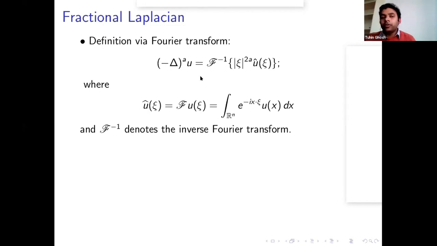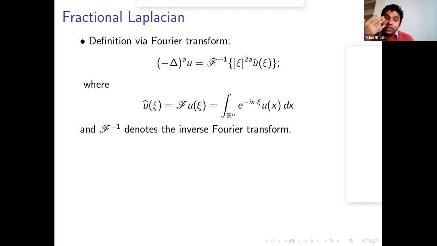If you want to define some operator to the power a, you take the spectrum of that Laplacian, or that operator L, and then you take the power to define L to the power a, the fractional Laplacian, minus Laplacian to the power a. So you take that particular power of the continuous spectrum, and then you superimpose with respect to the eigenvectors, in this case plane waves. So you can define that particular operator.